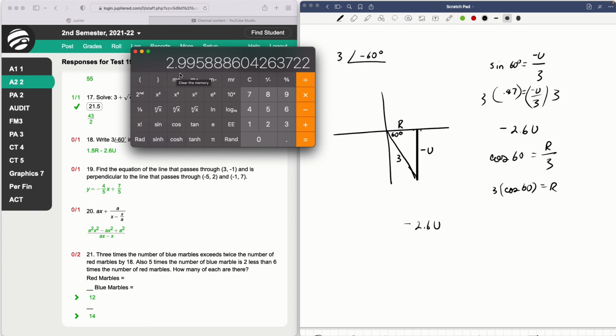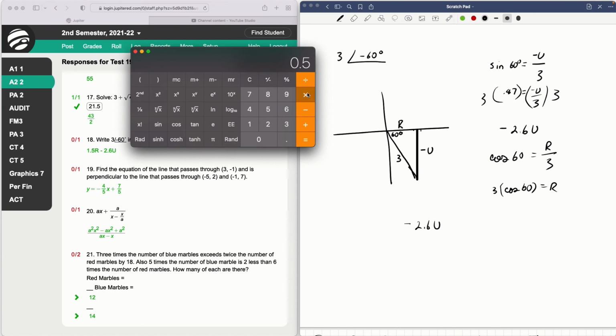I'm looking in my book, double checking my answer, sweetheart. It says 3 times the cosine of 60. Let me clear this off. Okay, I didn't do something right. I didn't clear it out. That's why. Times 3 is 1.5. All right, so 1.5 equals r.